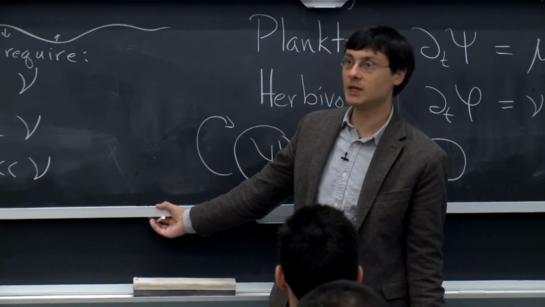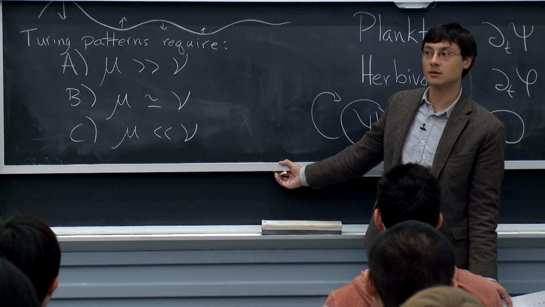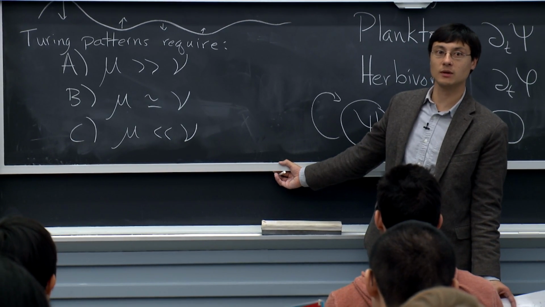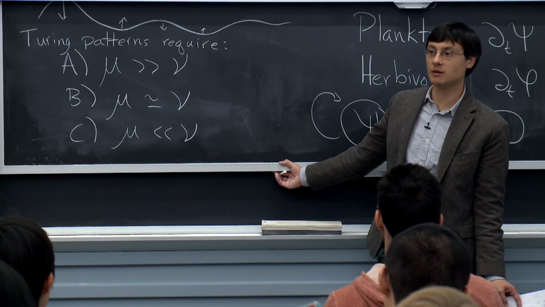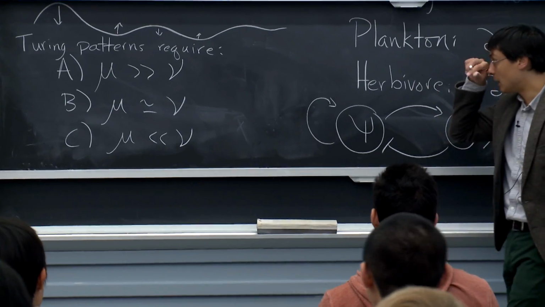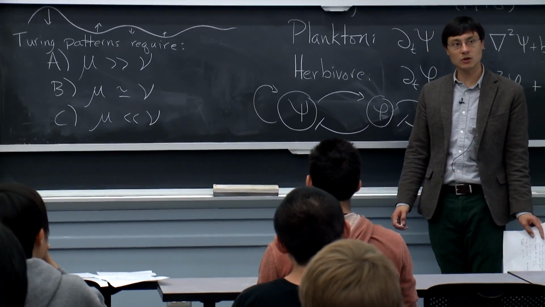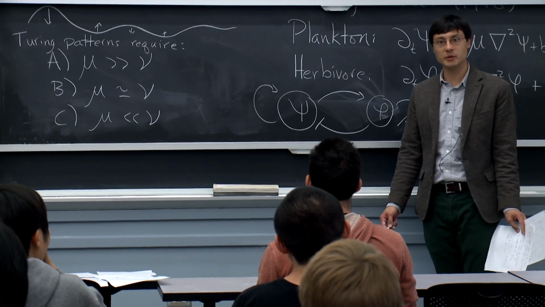Ready? 3, 2, 1. OK, we're all over the place. I think we're uniformly distributed between A, B, and C.